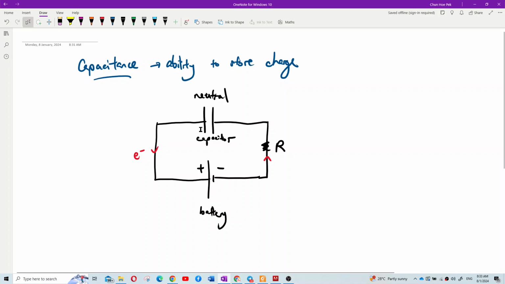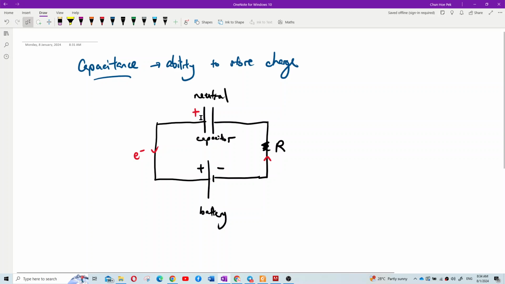Electrons will start to be pulled from this plate by the positive terminal of the battery, and deposited at the battery. Before that, these two plates are neutral, uncharged. So electrons go from this plate and deposit at the positive terminal.